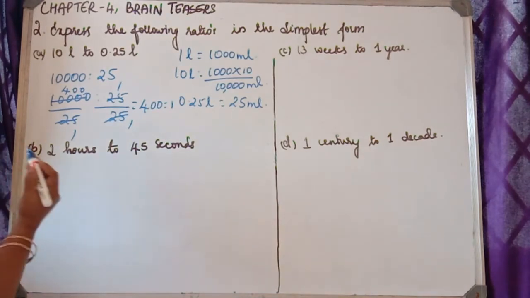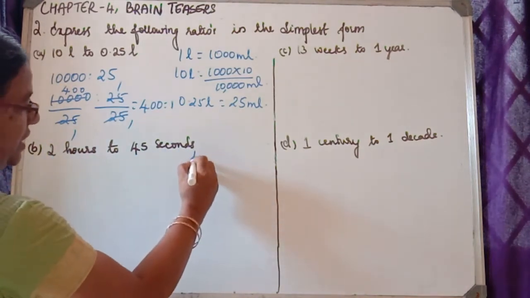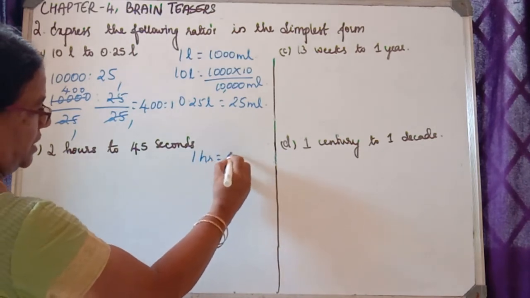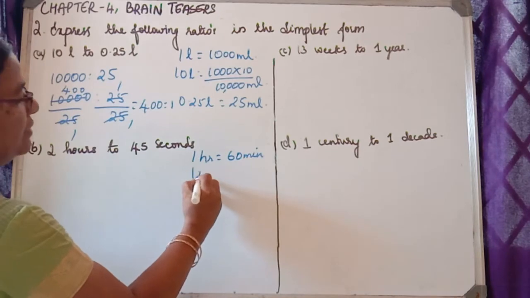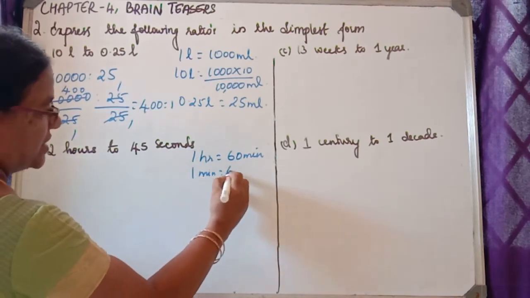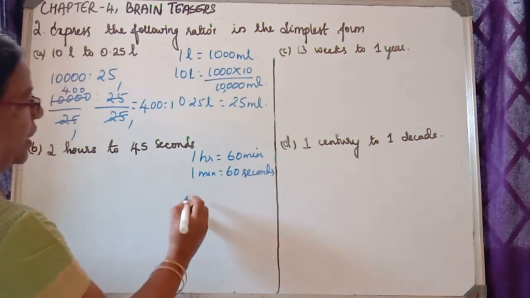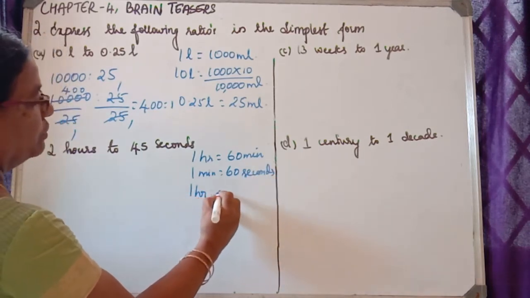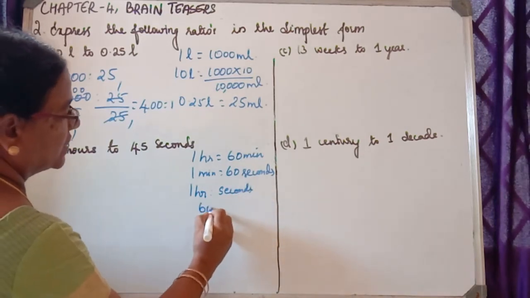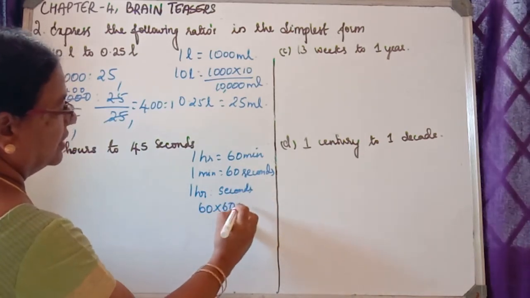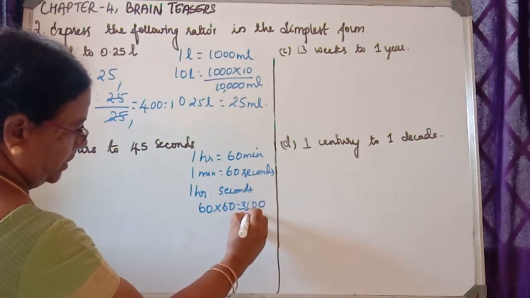What is the second sum? 2 hours to 45 seconds. First we convert 1 hour into minutes. 60 minutes. So 1 minute is equal to 60 seconds. Now 1 hour is equal to how many seconds? Now 60 into 60. 0, 0, 6 6s are 36.